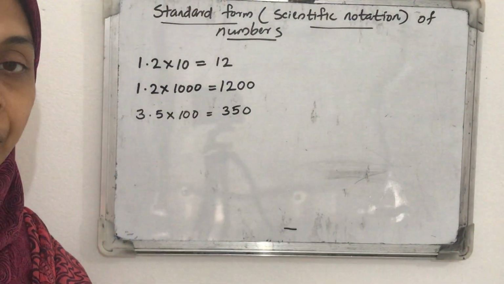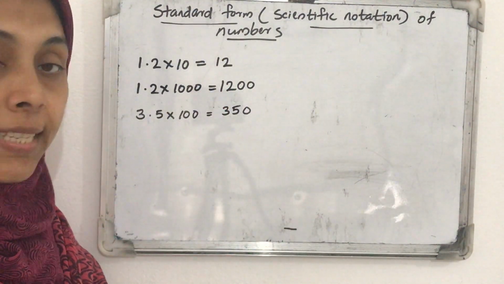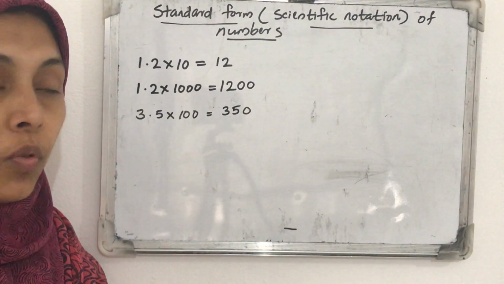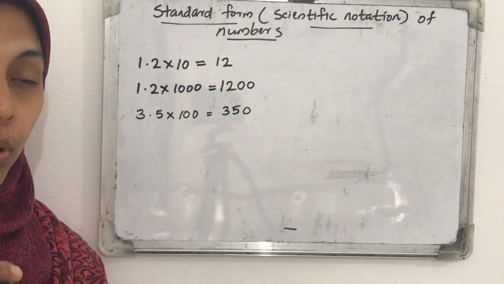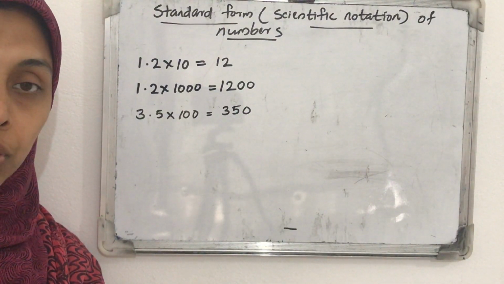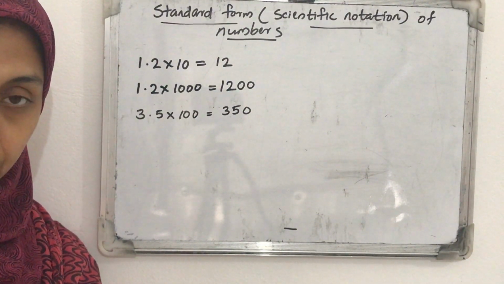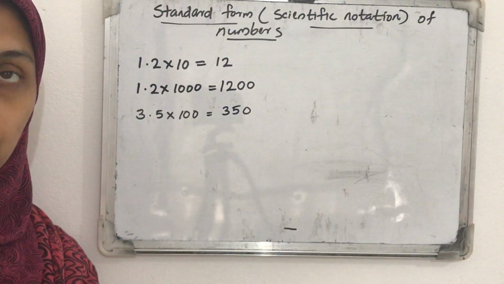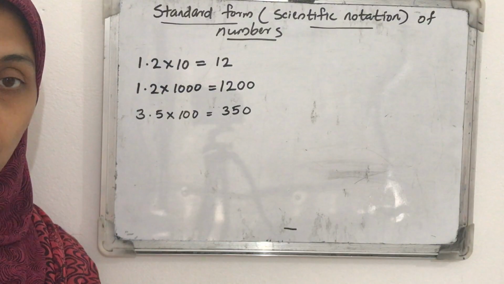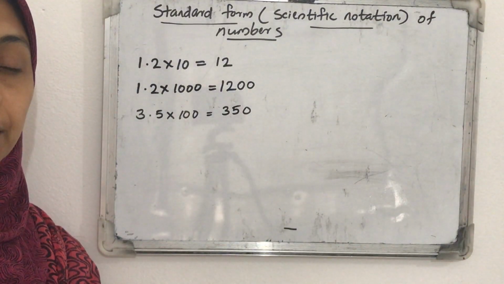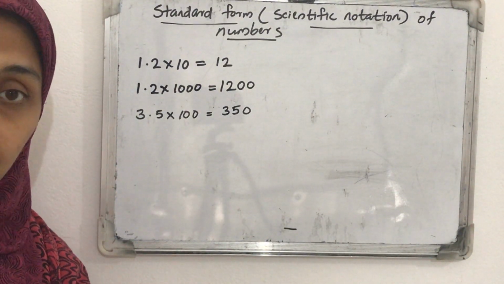Good morning all of you. Today we will discuss standard form or scientific notation of numbers. How do we write large numbers? Sometimes we want to use very large numbers. For example, if you want to write the distance between Earth and Sun or Earth and different planets, it will be a larger number.